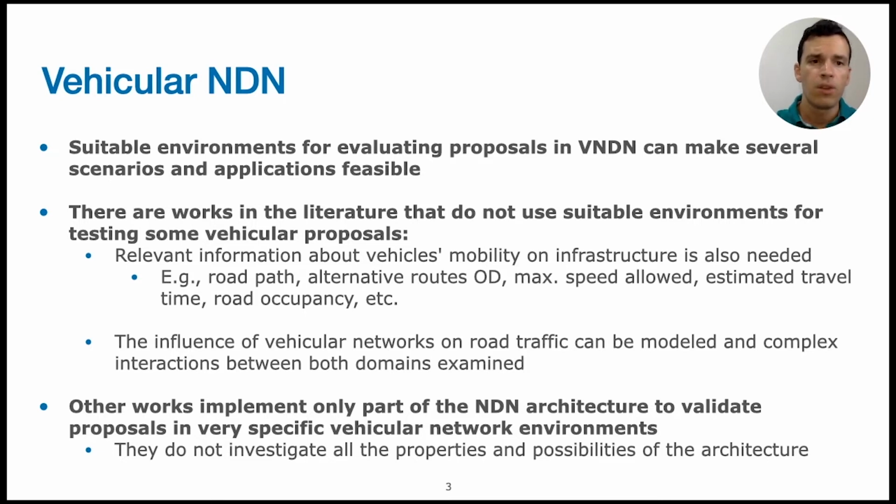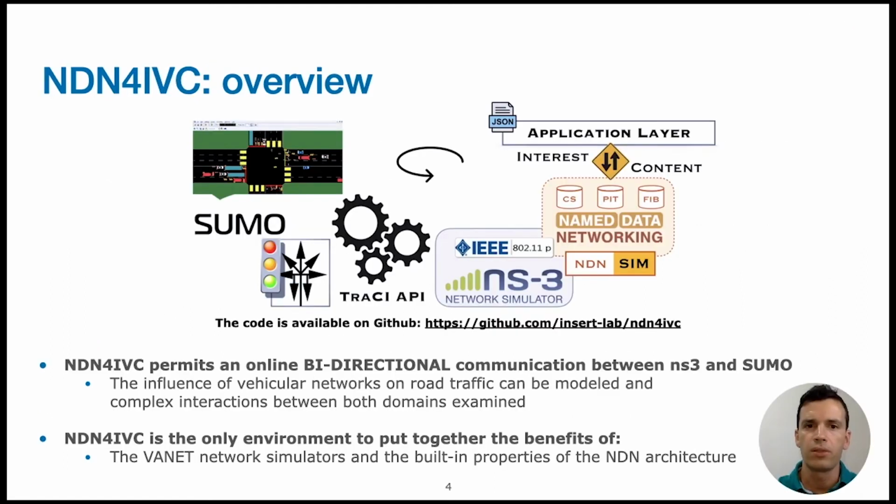The influence of vehicular networks on road traffic can be modeled, and complex interaction between both domains examined. Other works implement only part of the end-to-end architecture to validate proposals in a very specific vehicular network environment. They do not investigate all the properties and possibilities of the architecture.